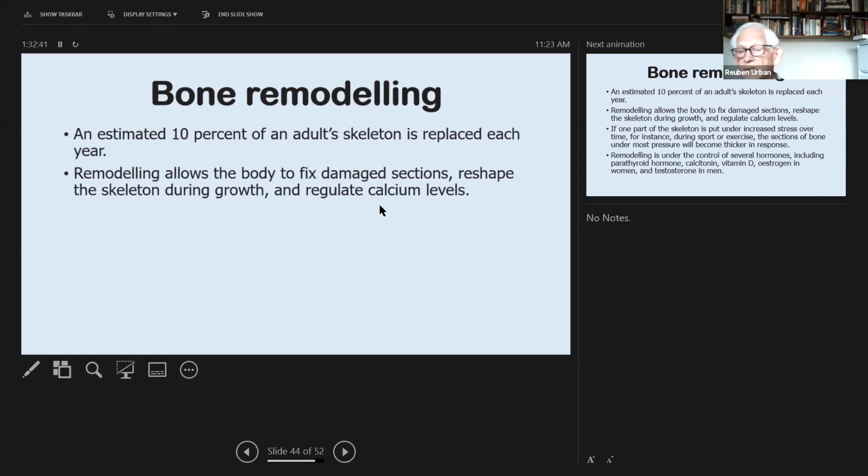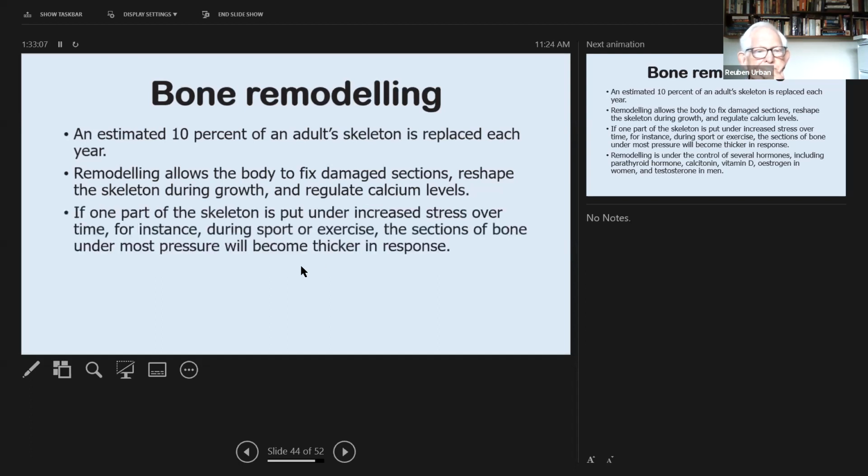And if you are doing some weight training, or if you're running or walking with a strong hit of the heel on the footpath, then you will get thicker bones, because the bone gets built to prevent any breakages.